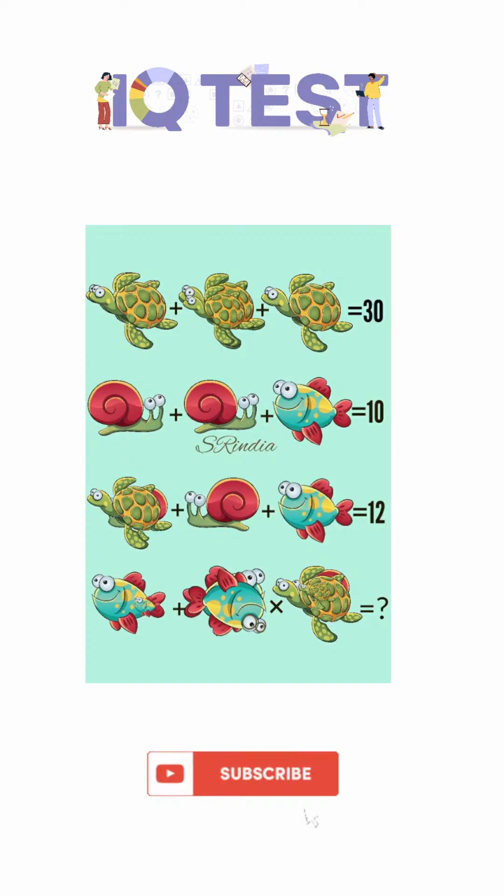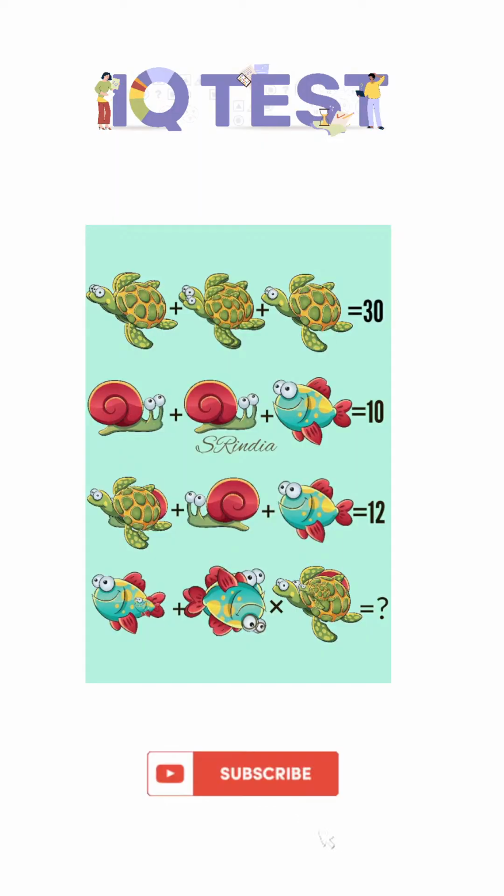Now this is a very tricky question. So the second line, we are having the snail plus the fish is equal to 10.